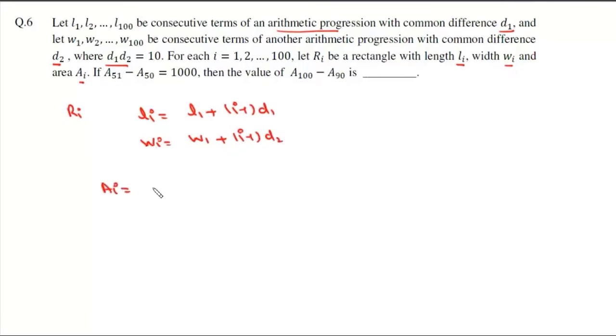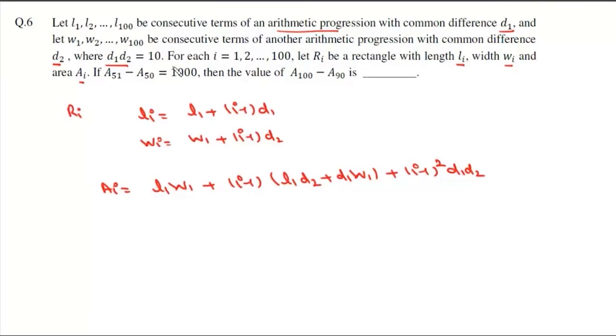So basically Ai will be L1 W1 plus (i minus 1) L1 D2 plus D1 W1 plus (i minus 1) whole square into D1 D2.